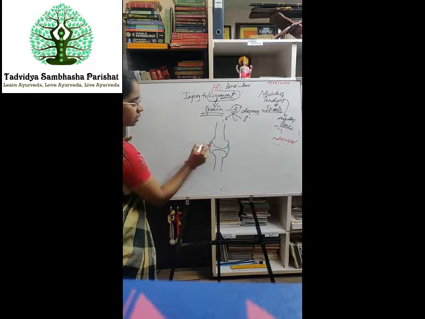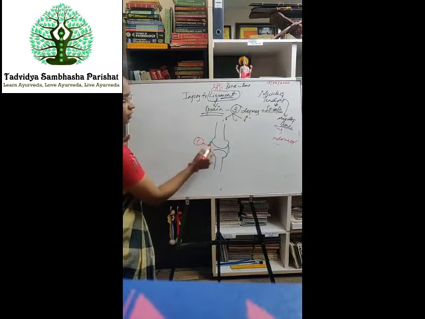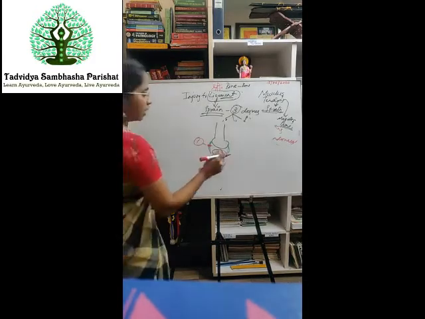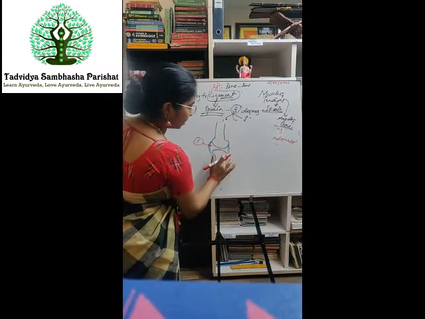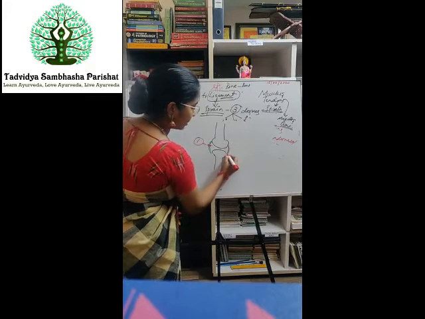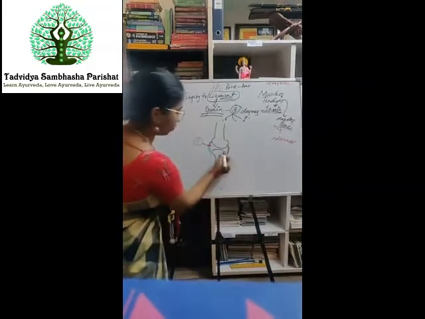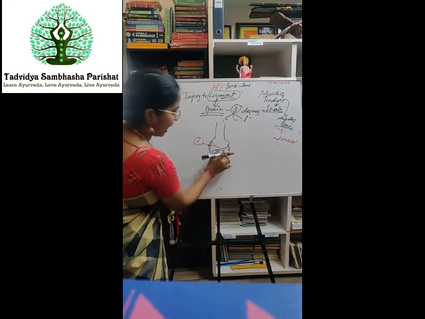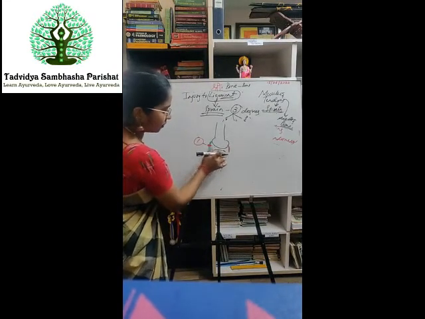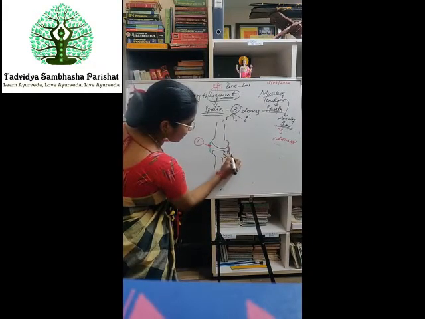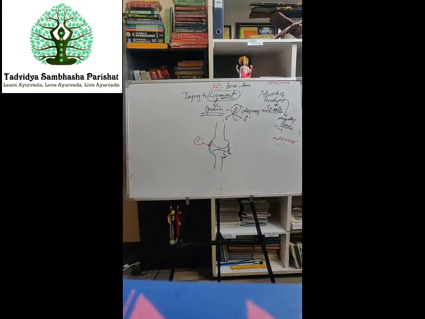So this is one lesion, where there is a trauma here. This is one type. Another type is where, in the process of getting torn, the ligament is ripped off the articular surface of the bony surface, and in the process a piece of bone also gets avulsed. So these are the two ways a ligament could tear.